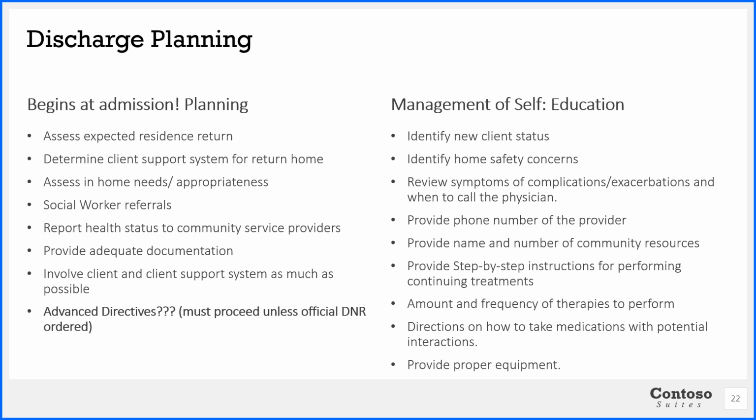Advanced directives. This is the time we need to talk about these things. These are hard conversations to have with our patients, but as the disease progresses, with any disease, we have to talk about age, and a lot of our older population don't want to be resuscitated. Must proceed unless official DNR ordered.